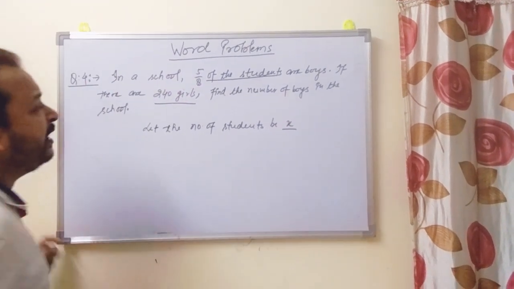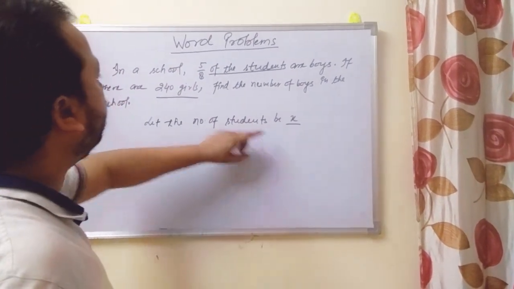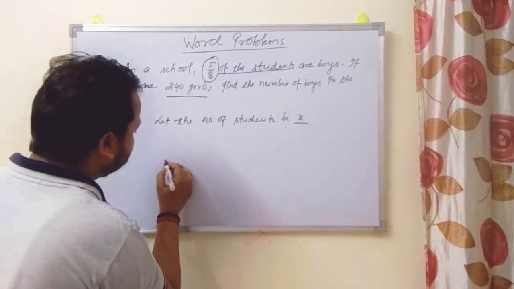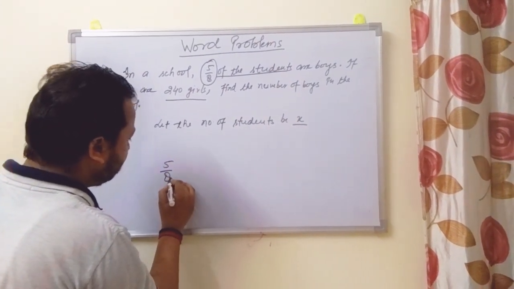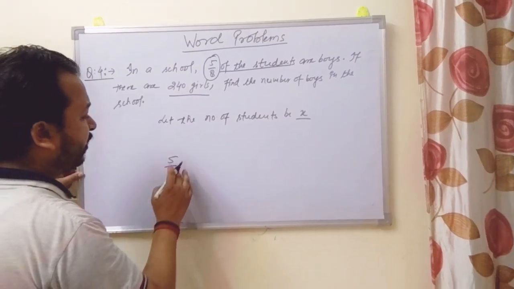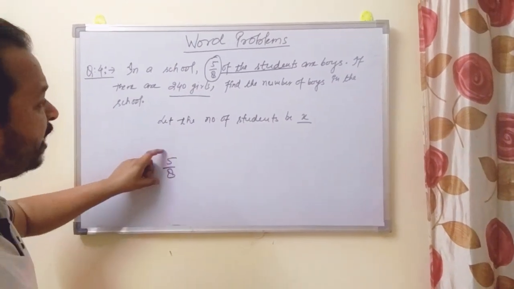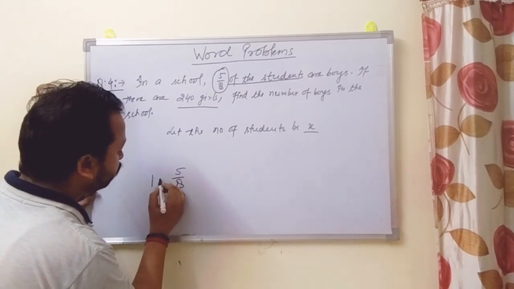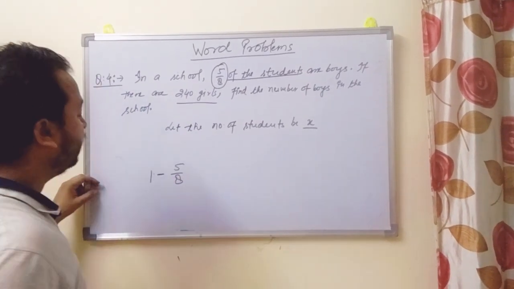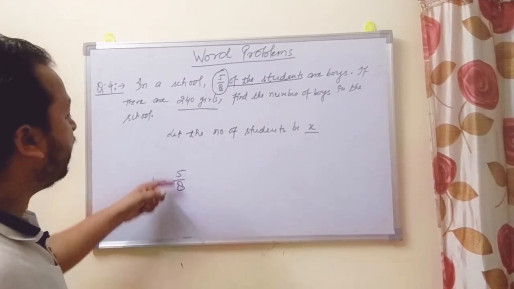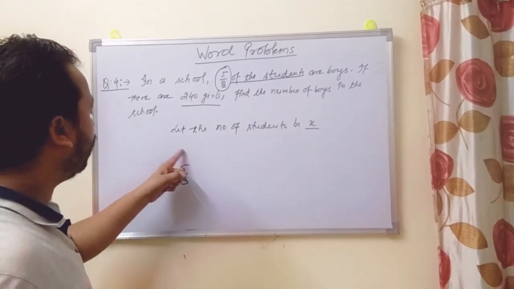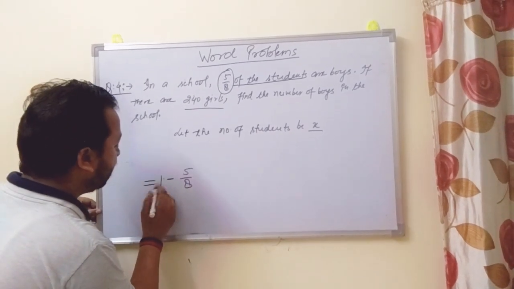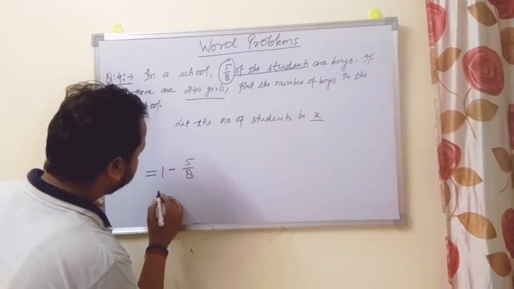You can do it by this method also. The number of boys is given as 5 by 8, and in a fraction the total part is always 1, right? So for the number of girls, you have to subtract the number of boys from the total number of students, then you get the value, right?